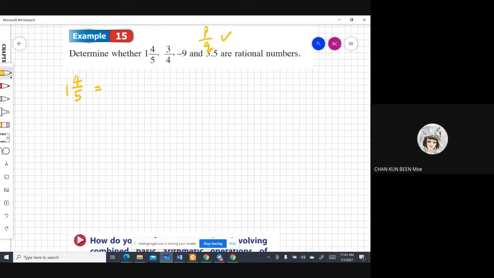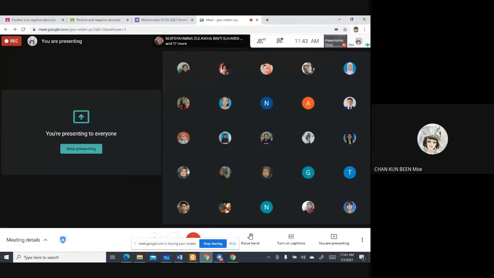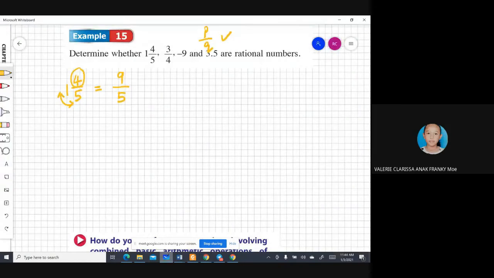So 1 4/5, when we change it to the form of P over Q, 1 times 5 is 5, 5 plus 4 is 9, so it's 9 over 5. Is 9 over 5 a rational number, class? Yes. So it is a rational number.